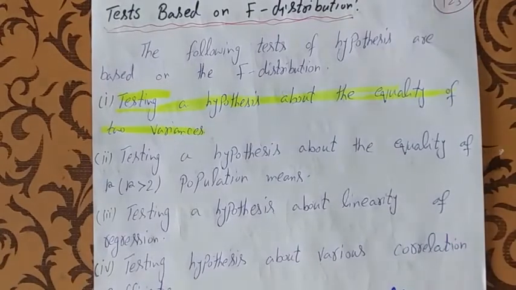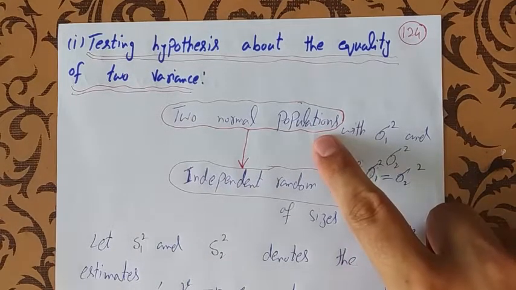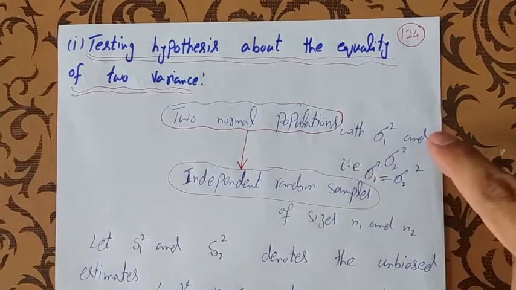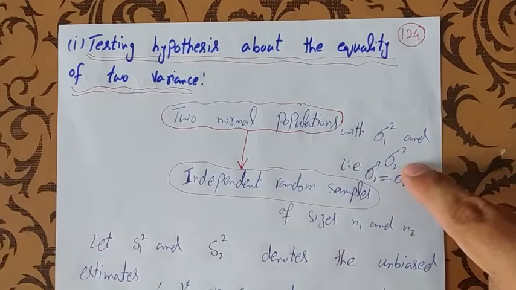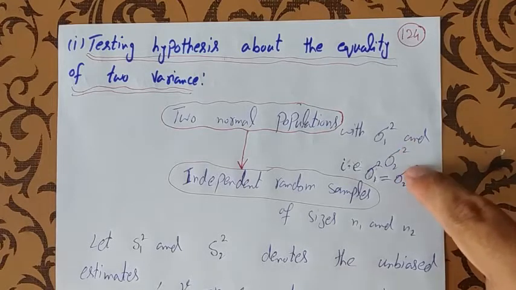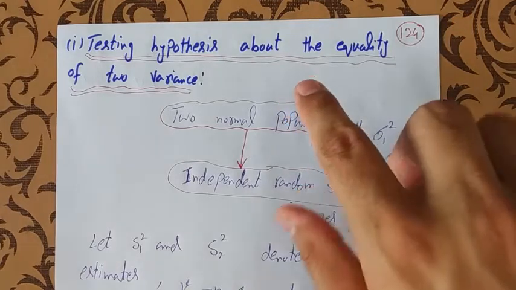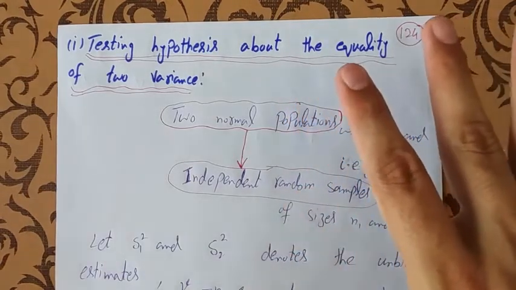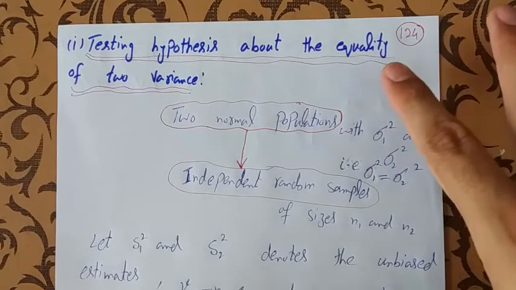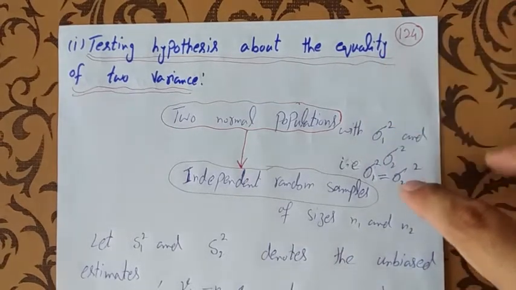So let's see. First of all, we have two normal populations with variances sigma 1 square and sigma 2 square, and in this test we first consider that the two variances are equal.